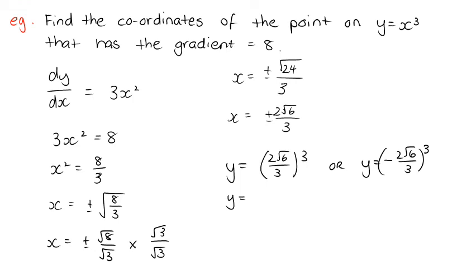Okay. Now what? So basically, you end up with 16 root 6 on 9 and negative 16 root 6 on 9. So our two coordinates are just the positive x and the positive y, and the negative x and the negative y.